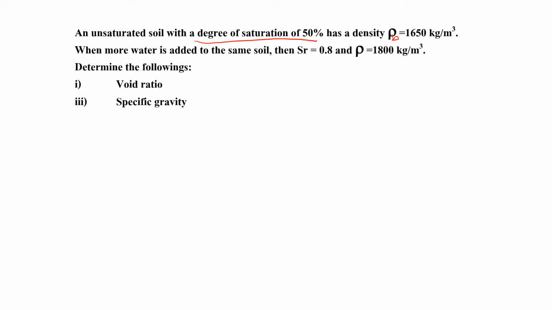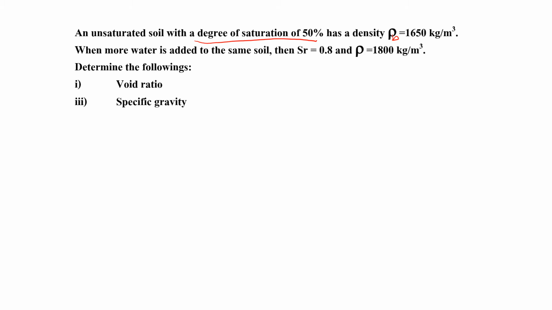The first one, the soil with 50% degree of saturation and the bulk density 1650. Second is the soil with the degree of saturation of 80% and the density is 1800. It is actually the same soil, it's just with a different condition. One, before water is being added. Second is after water is being added to that particular soil.